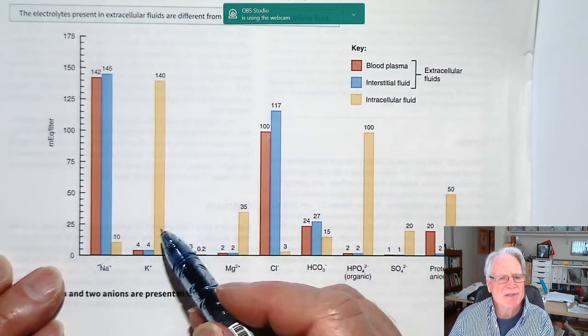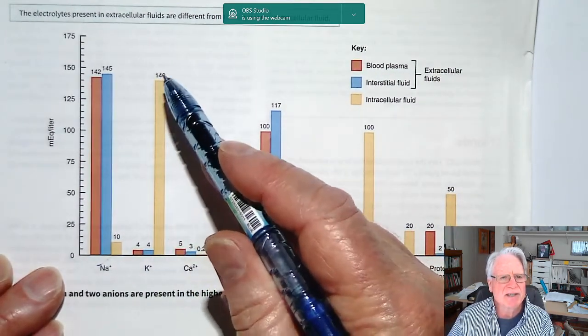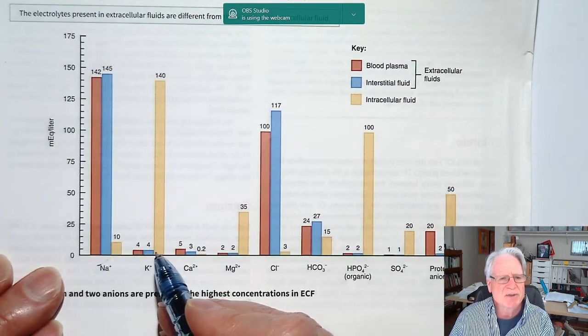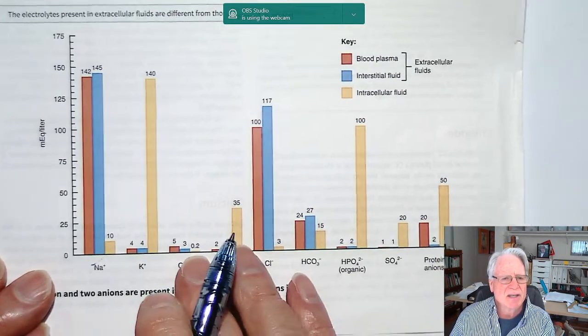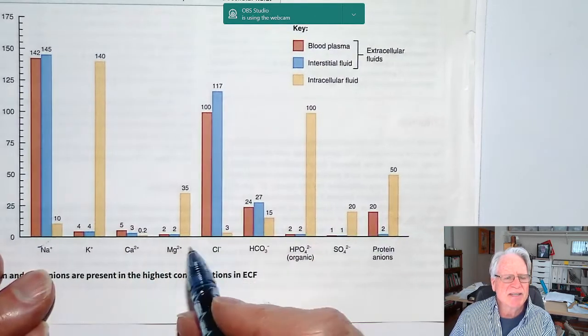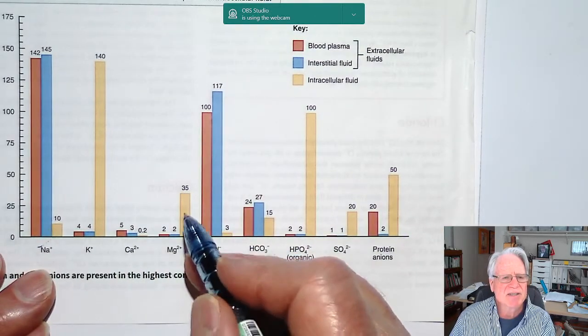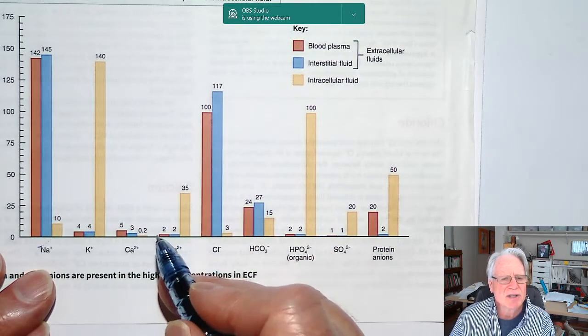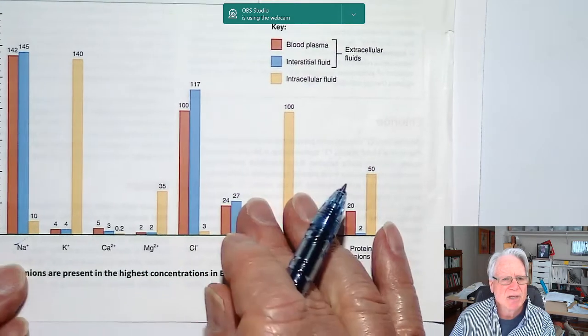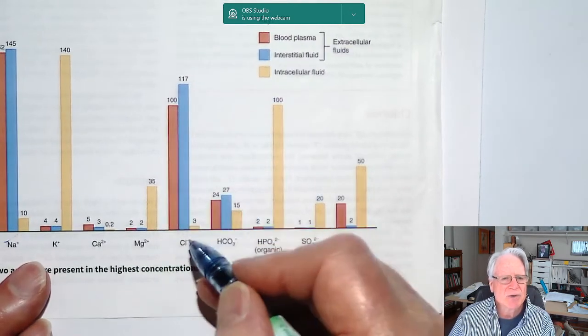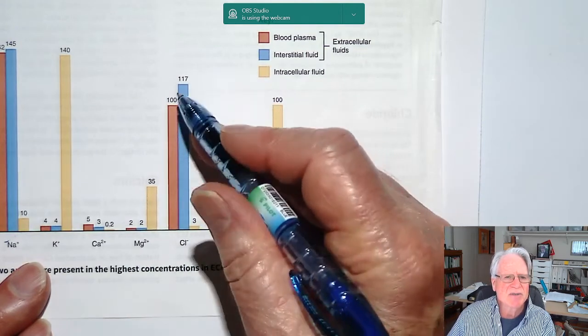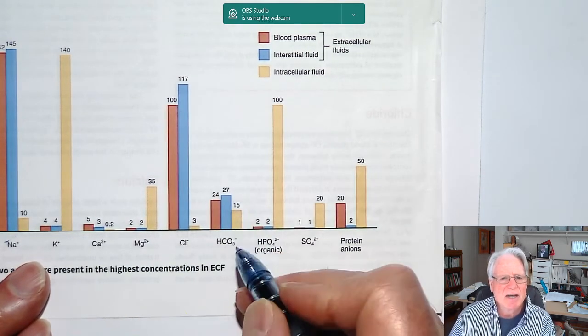Potassium is just the opposite. High concentration on the inside of the cell and very low concentration on the outside of the cell. Here's another one. Magnesium, very high concentration on the inside of the cell, low concentration on the outside of the cell. Chloride, low concentration on the inside, high concentration on the outside.